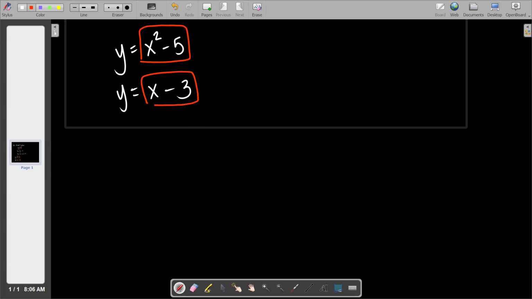Would you guys all agree, and I don't want to move on until you do, that the red boxes have to equal each other? For real? Okay, that's really important. If y equals something and y equals something else, then the something and the something else have no choice but to be the same thing, correct? So we're going to substitute. A more standard way to put it would be to say I'm going to put this in place of this y, right? So the resulting equation would say x squared minus 5 must equal x minus 3.